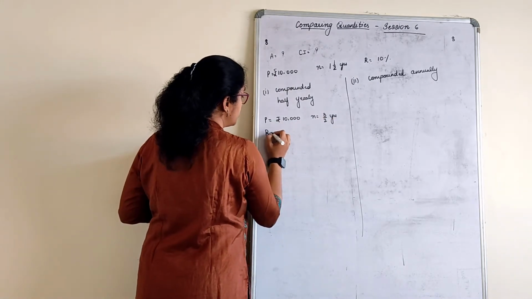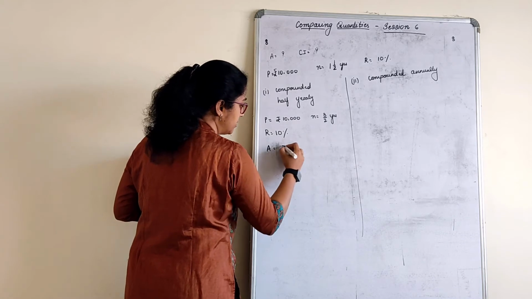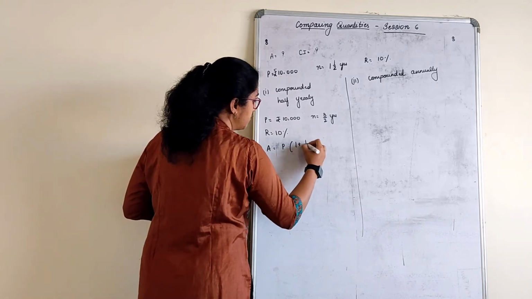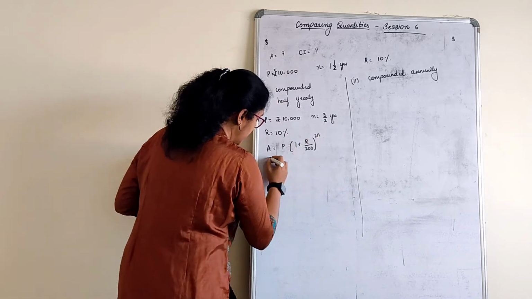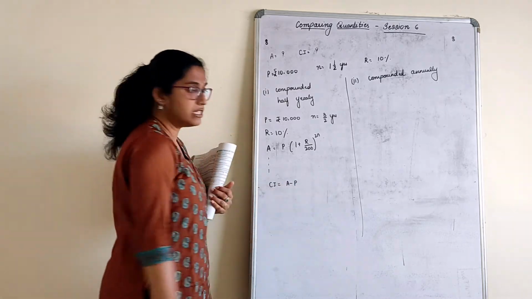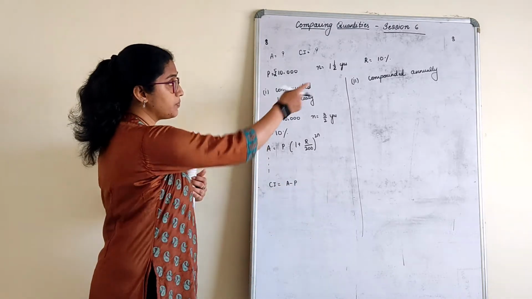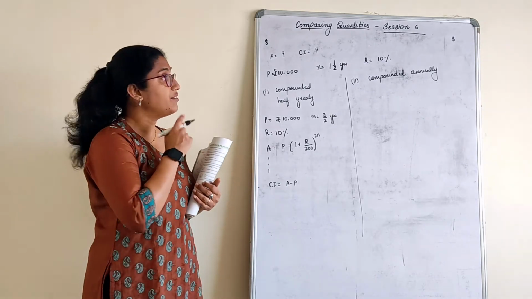Then rate of interest would be 10%. You can find the amount with the formula, that is P of 1 plus R by 200 raised to 2n. With this, compound interest is equal to amount minus principal, right? You will do this.